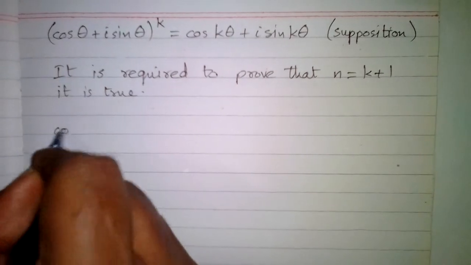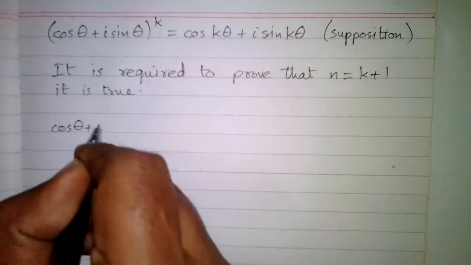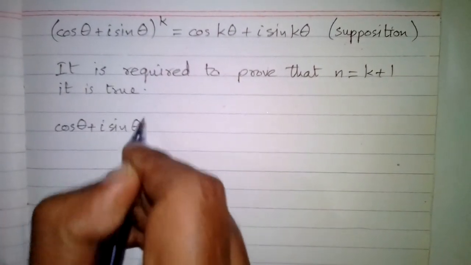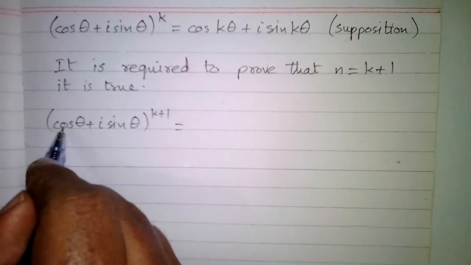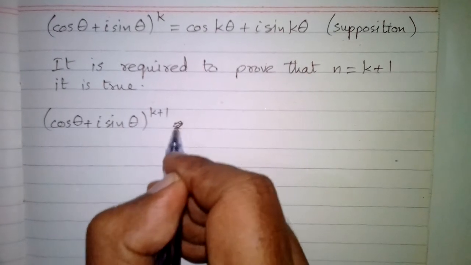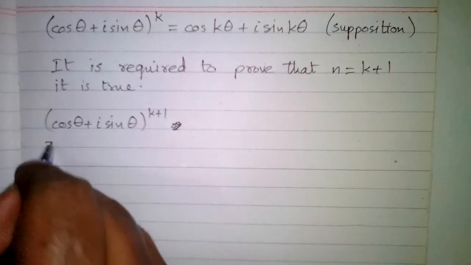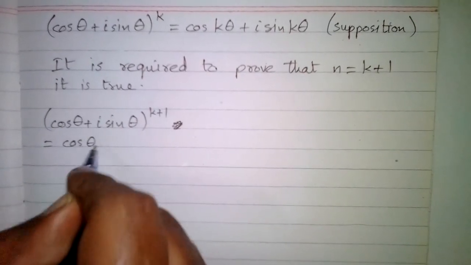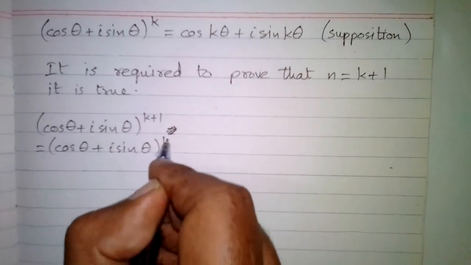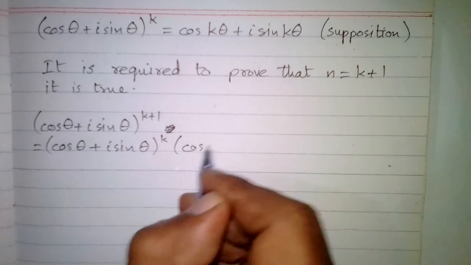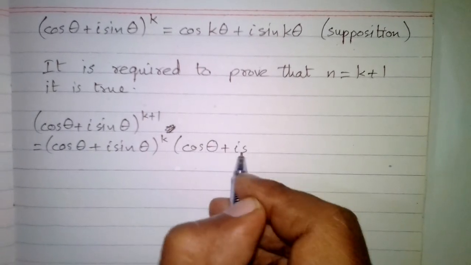So now we have power k plus 1. So (cos theta plus iota sin theta) raised to the power k plus 1 can be written as (cos theta plus iota sin theta) to the power k multiplied by (cos theta plus iota sin theta).